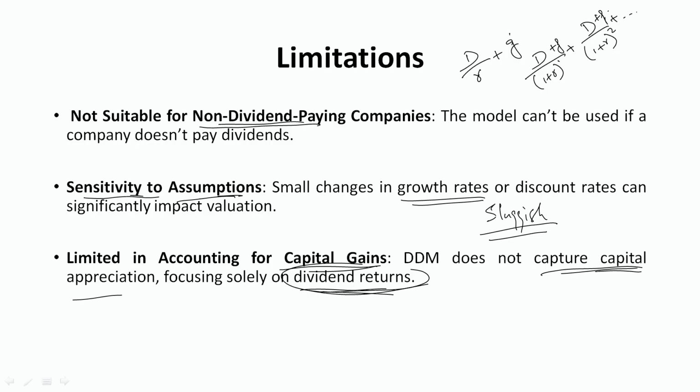So, in this particular lecture, I have tried to discuss the second type of equity valuation, which is the dividend discount model. Though I have not touched upon the problems, I think this will give you an outline of how equity is valued under different conditions.